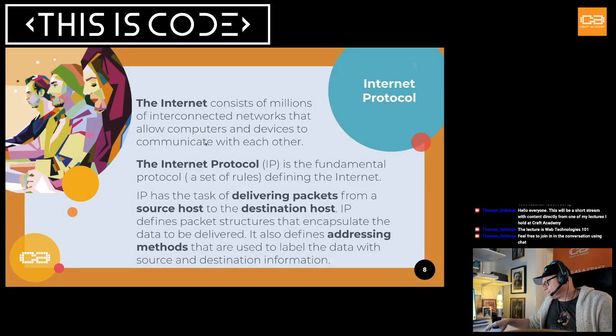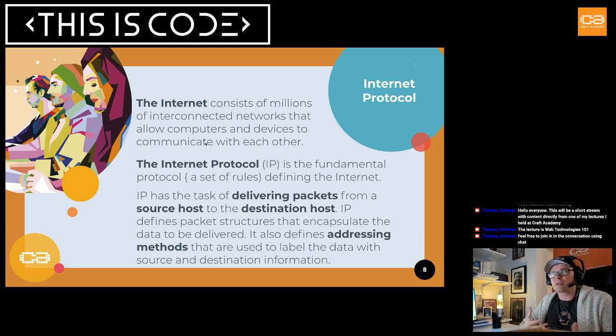So if we take a look at the internet itself, how it is being powered, one could say that the most important building block, and there are many building blocks that make the internet what it is, is the internet protocol, because it's important to understand the scope and the size of this distributed network.